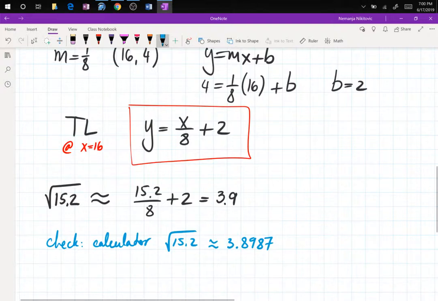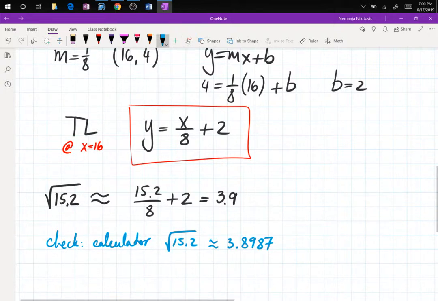Decimals go forever. Pretty close. We haven't used any technology to compute that value, right? And we are almost dead on. Do you see that?